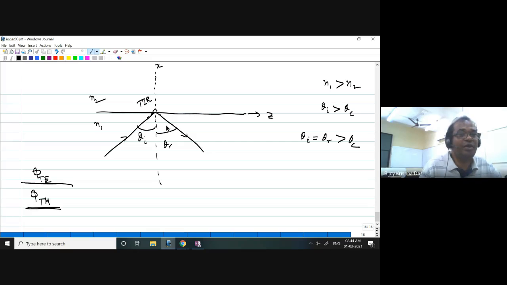We can relate that to an electromagnetic wave falling on a metal, where skin depth is there. Up to a certain length it will be attenuating, because inside a metal the electric field cannot exist. Because sigma, the conductivity, is very high, field strength will not be there; only the normal component will be there at the surface, and the tangential component will not be there.